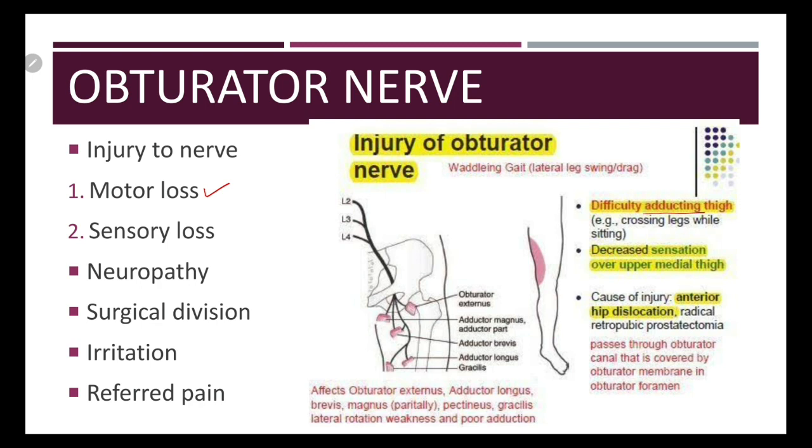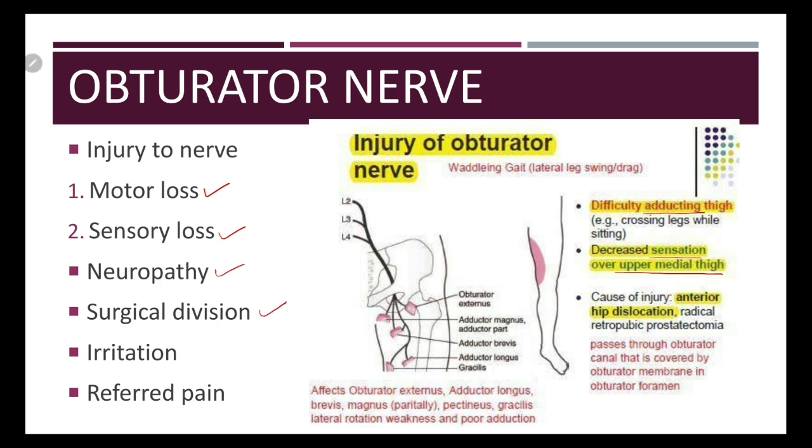And in sensory loss, you have loss of sensation on the medial aspect of the thigh due to involvement of the cutaneous branch of the anterior division of the obturator nerve. Then we have obturator nerve neuropathy, the syndrome of an obturator nerve entrapment causing medial thigh pain, and is described in athletes with large adductor muscles.